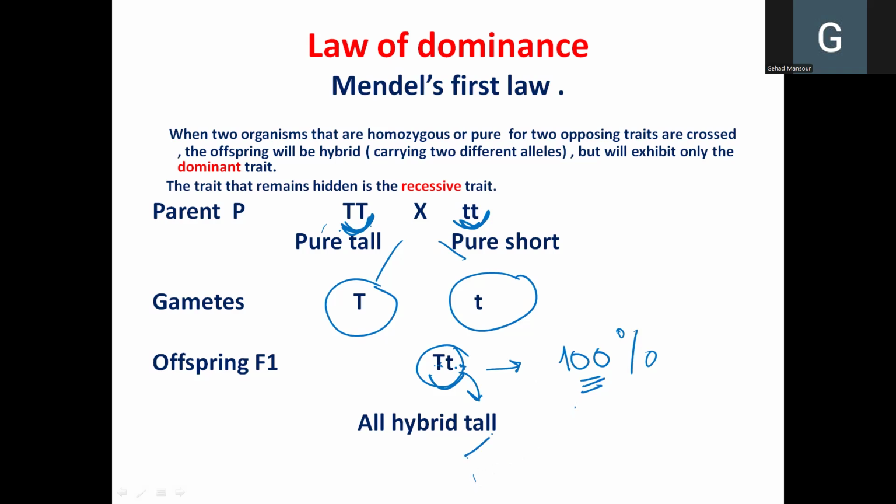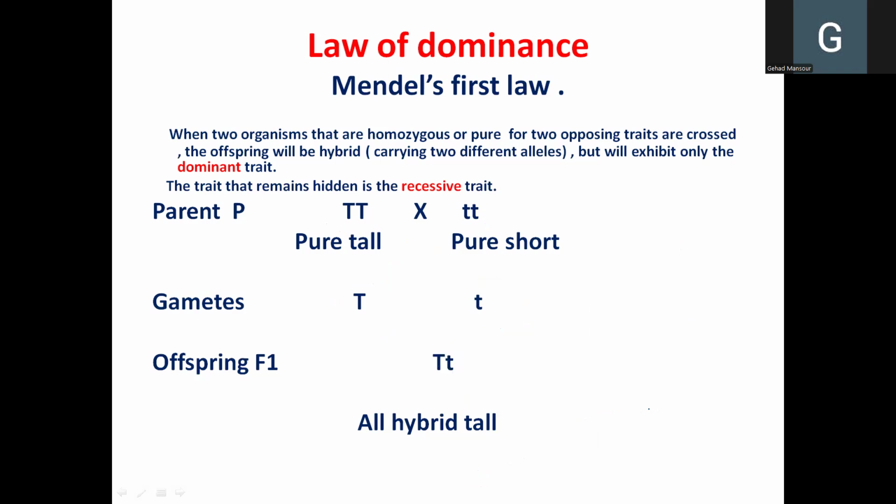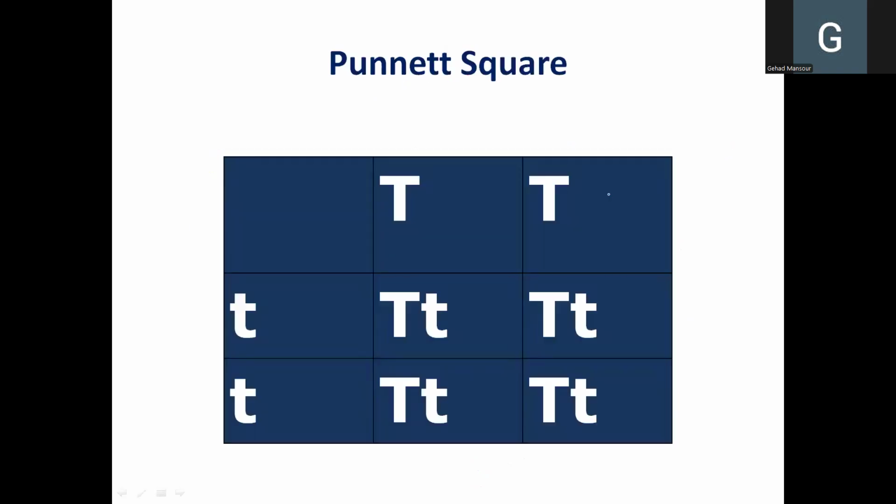So they all appear tall, although inside their genes they have this recessive allele for one simple reason, that T capital, or the allele for tall, will mask the allele for short. And therefore, the phenotype that appears on the individual is always that of the dominant trait if present.